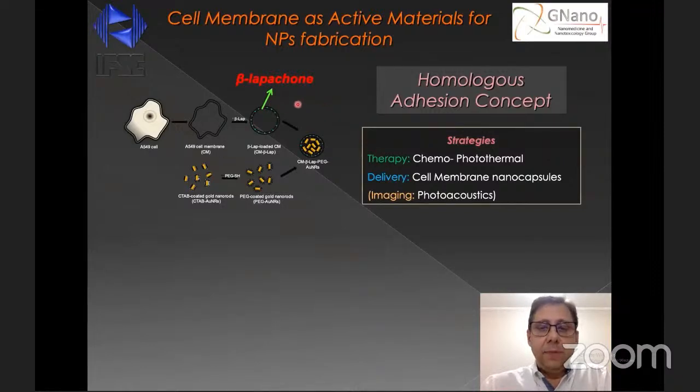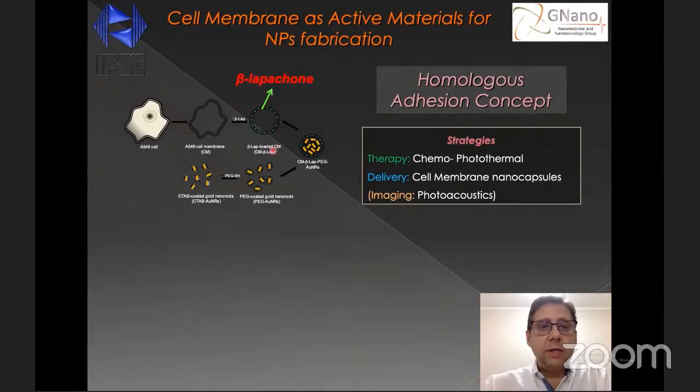It becomes toxic to the cells only inside the cancer cells, greatly minimizing the side effects. But the problem with beta-lapachone is that this molecule is really insoluble.